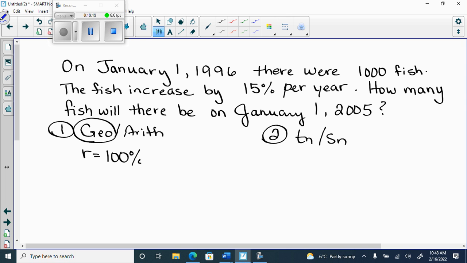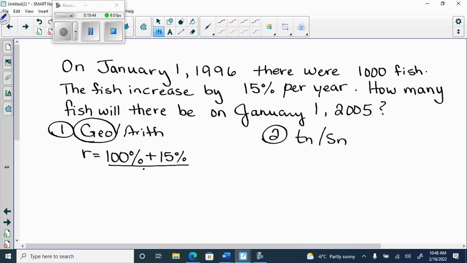And because this is increasing, we're going to plus 15%, correct? If it was decreasing, what would we do? Instead of adding 15, we just subtract 15 if it was decreasing, correct? And then we have to divide by what? Because we're not allowed to have percent in our R.